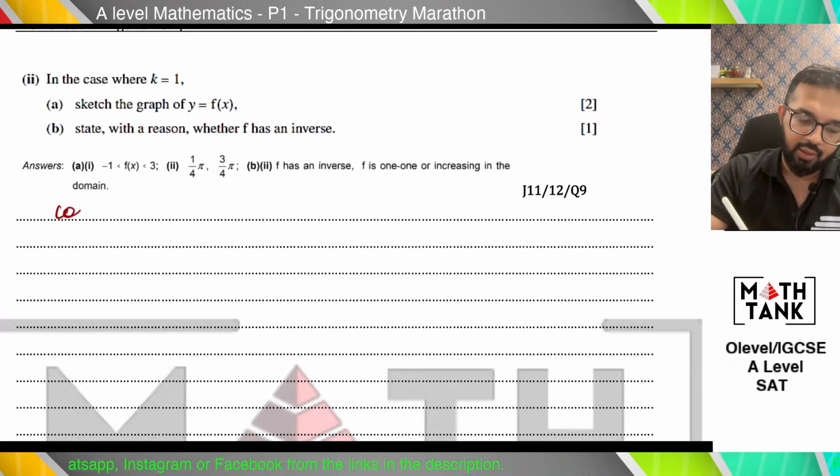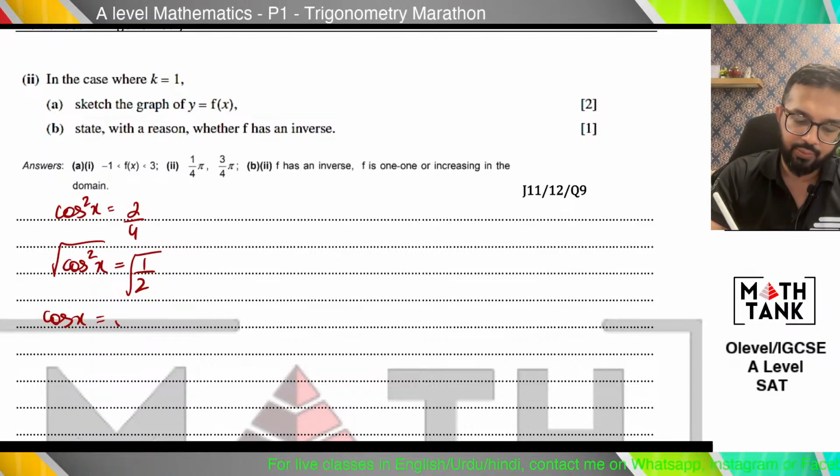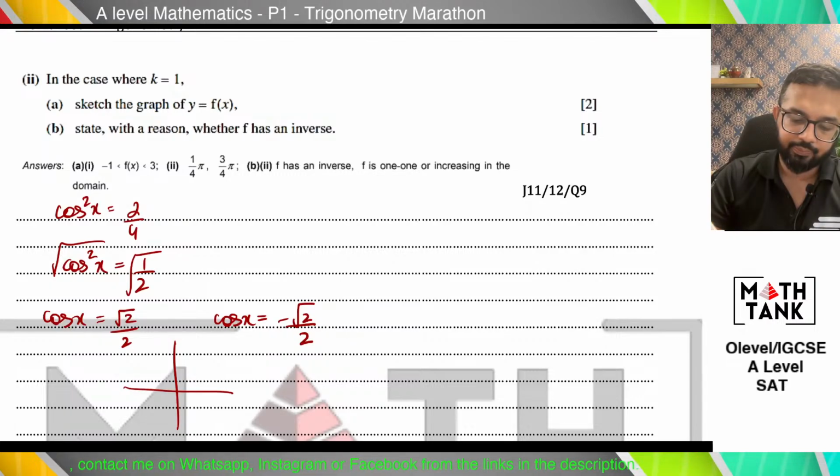Cos square x equals half. And the root of half is then two possibilities. One is root 2 over 2. And the other is, from my calculator, minus root 2 over 2. So I try to find out alpha. Cos inverse of root 2 over 2.